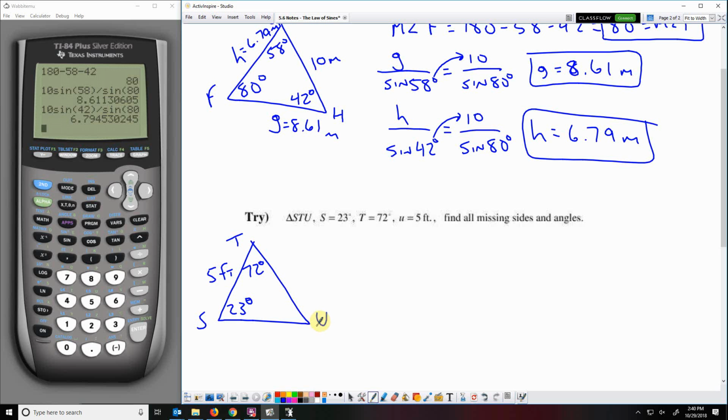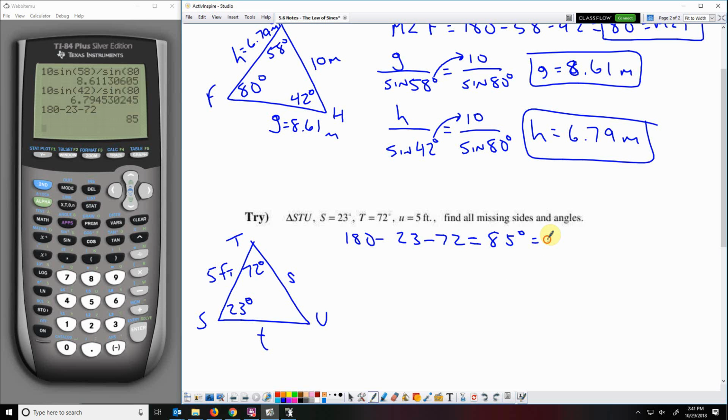Okay, so here I want to find the measure of angle U, the length of side T, and the length of side S. So first, 180 minus 23 minus 72 is 85. That's the measure. Not really sure why I put an F there. Try that again.